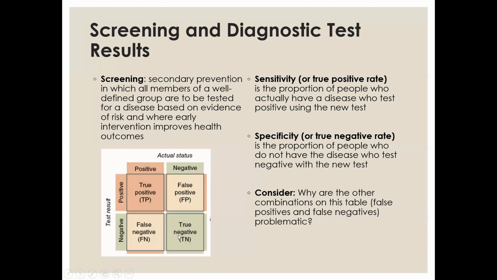We want true negatives, right? If someone doesn't have a condition, we know it. But think about a false negative. A false negative says, I tell someone you're HIV negative according to this test that looks at antibodies, and meanwhile they're HIV positive. Think about the ramifications in healthcare. If you tell someone you are HIV negative, but it's a false negative, they are really positive.